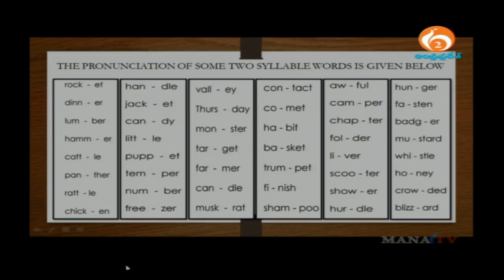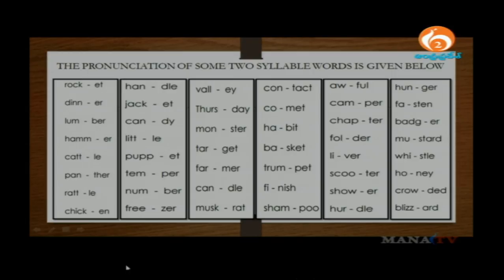Muskrat, muskrat. Contact, contact. Comet, comet. Habit, habit. Basket, basket. Trumpet, trumpet. Finish, finish.